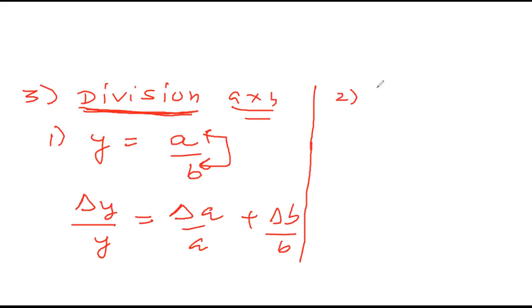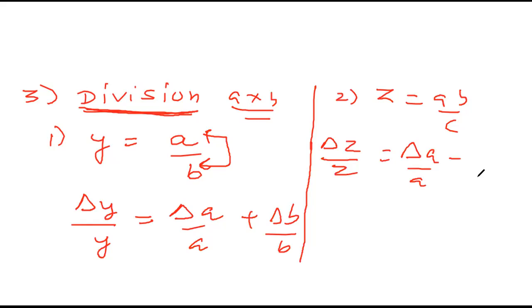If it is z equals a b upon c, now what will you do? Multiplication भी है, division भी है. Same ही करना है. Always add delta a upon a plus delta b upon b plus delta c upon c. This is the rule to find relative error. Okay? Yes, sir. If it is into, then also same. If it is division, then also same.